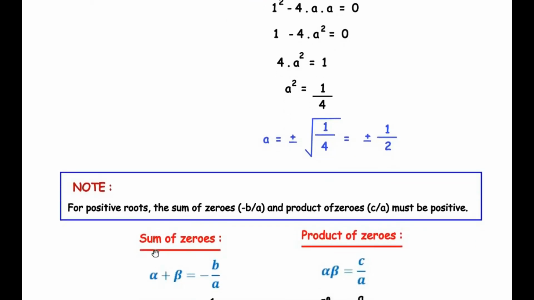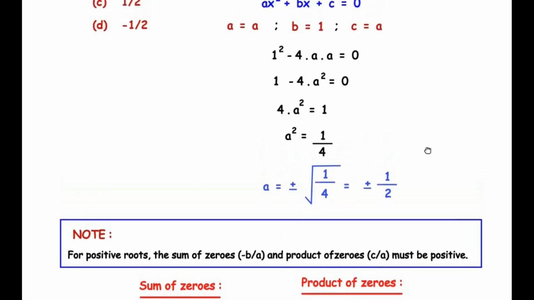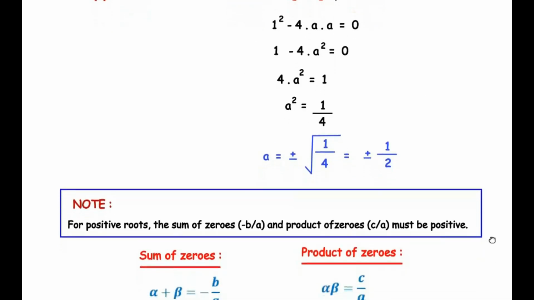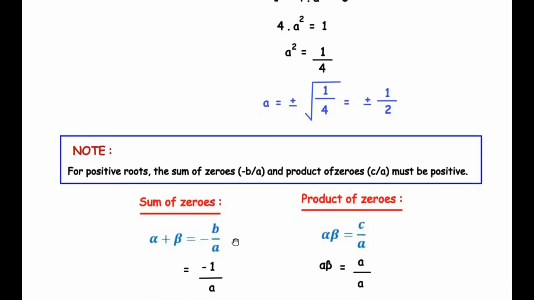So here sum of zeros is given as alpha plus beta is equal to minus b over a. So here we had the value of b as 1 and the value of a as a. So we are going to plug in its value over here. So alpha plus beta will be equal to minus from the formula, the value of b is 1 over the value of a is a. So sum of zeros we got as minus 1 over a.